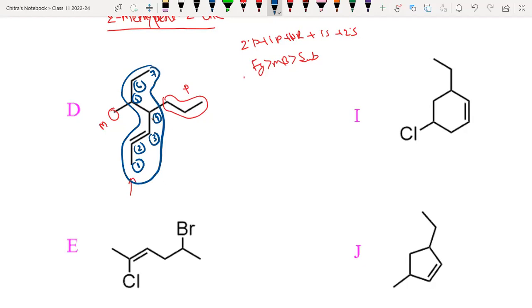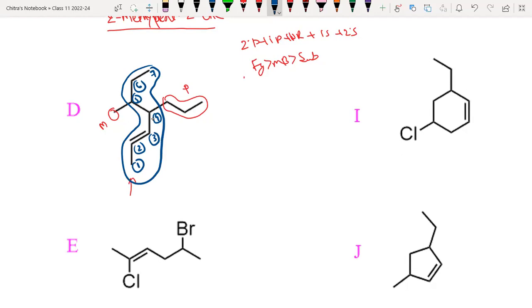Okay, so now we have two substituents. One starts with M and another starts with P. Which one is first in alphabetical order? M. M, N, O, P. P comes later after M, right? So we have to write the name for M first, for methyl.